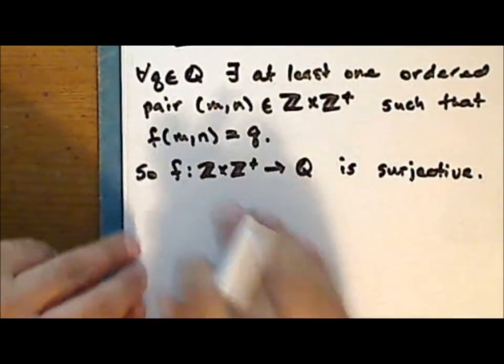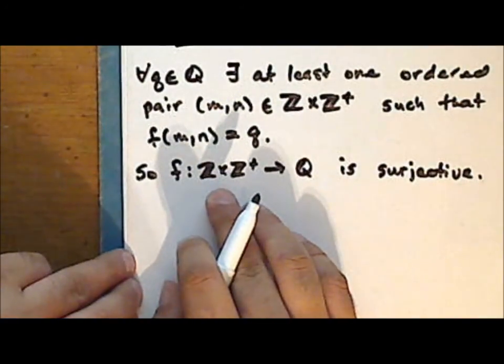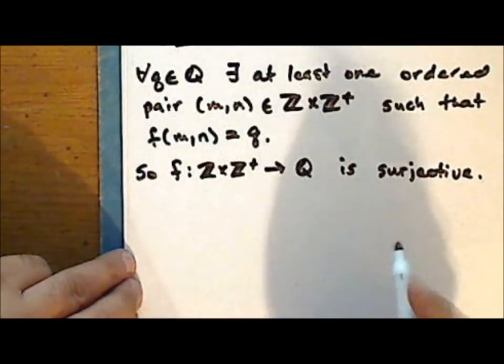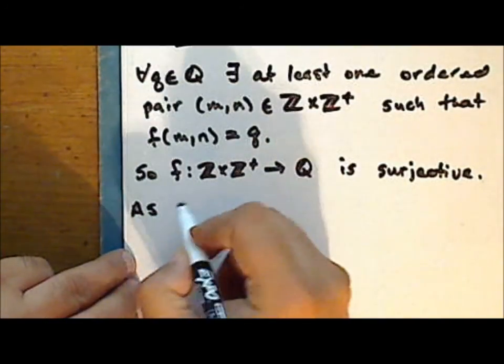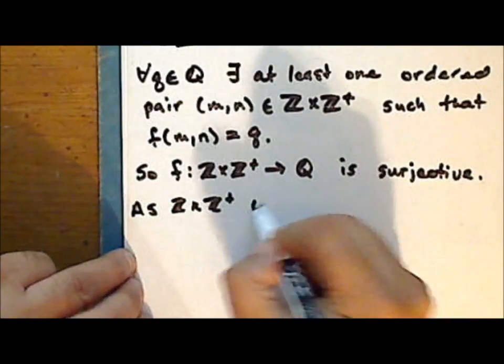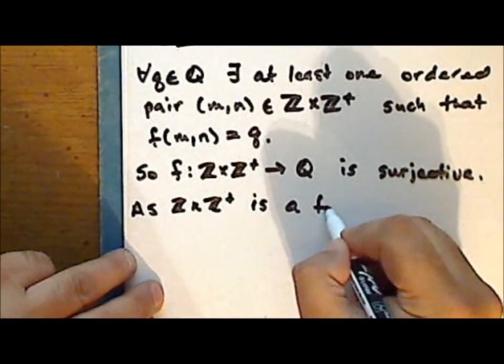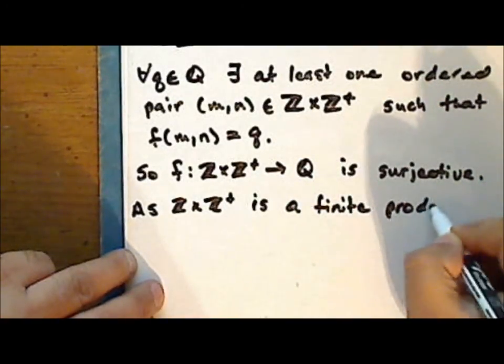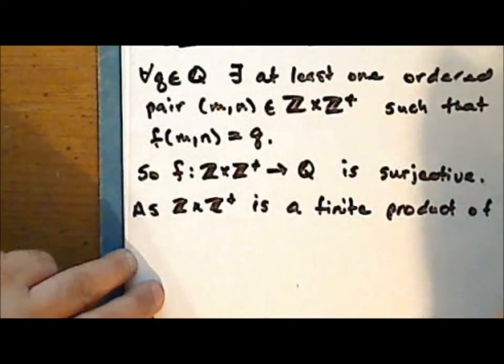Now, the product of the integers with the set of positive integers is a finite product of two countable sets. It is a finite product of countable sets.